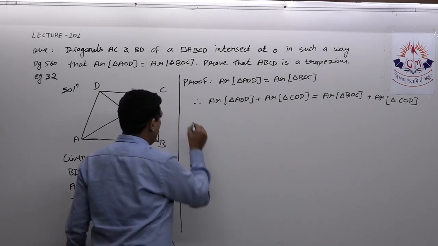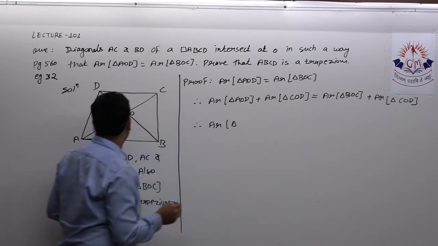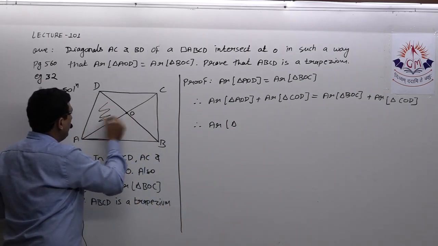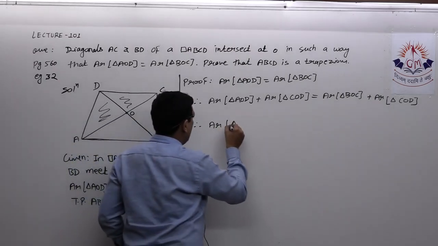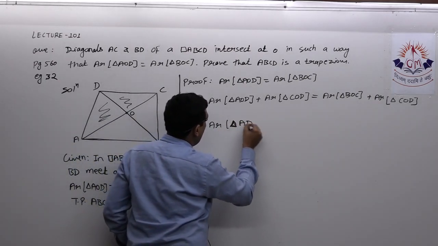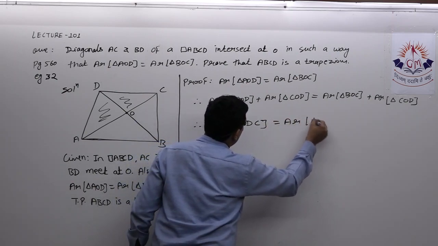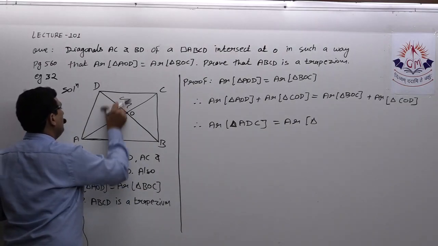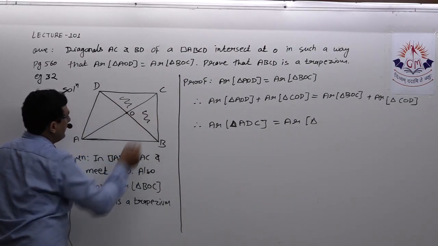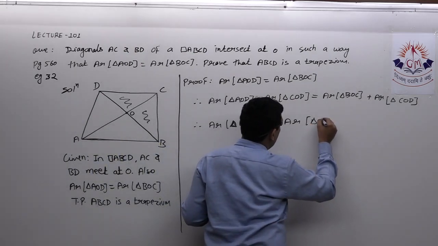So what will I get? When I add AOD plus COD, I will get area of triangle ADC, which is equal to, when I add COD in BOC, area of triangle BCD.